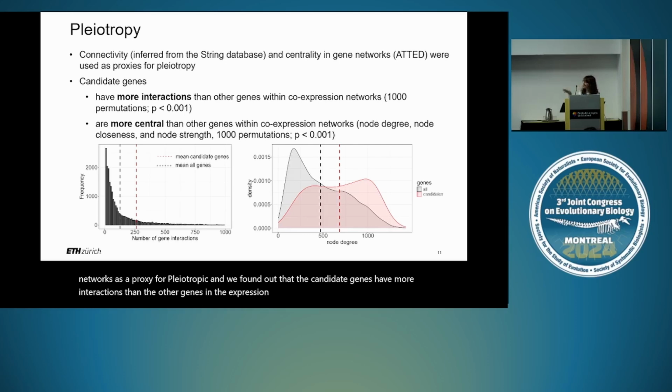The dashed red line shows the mean number of gene interactions for the candidate genes, which is higher than the mean number for randomly picked genes. Then we found a similar pattern for the centrality statistics: candidate genes are more central than the other genes in the gene co-expression networks.